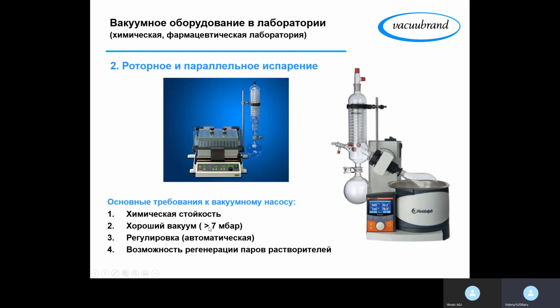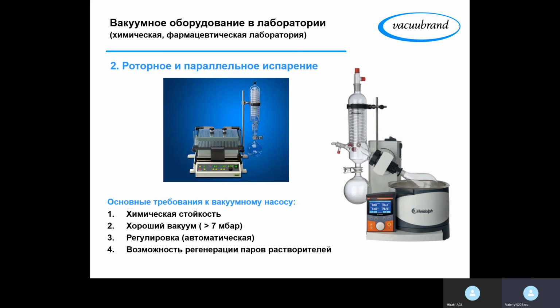So in this case, most of the customers are pretty fine with a vacuum down to 2 millibars. But it is very important to understand that even if you buy a pump which can go down to, let's say, 7 millibars, it makes no sense.